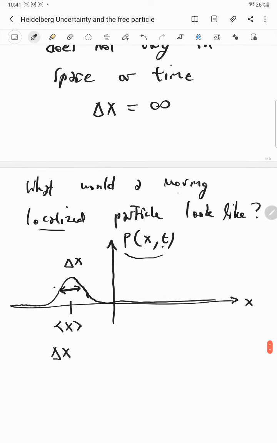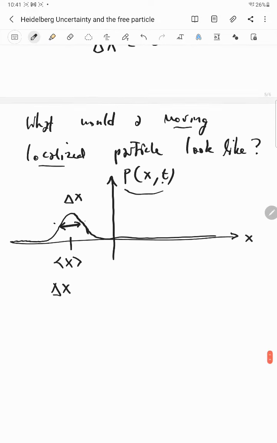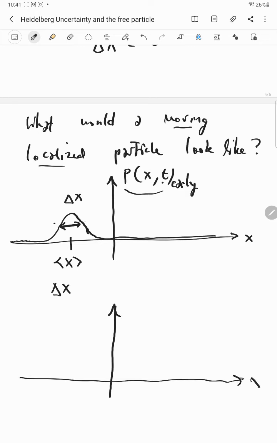If I have a moving particle, then this might be the early time picture, and the later time picture can look a little different. And if this is a rightward moving particle, maybe it's over here.